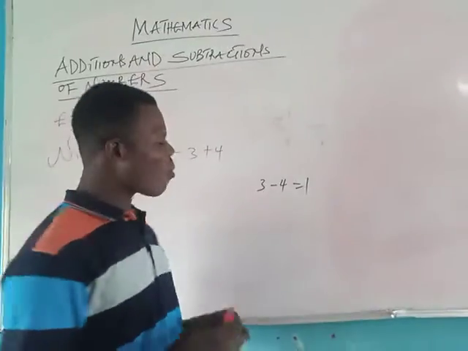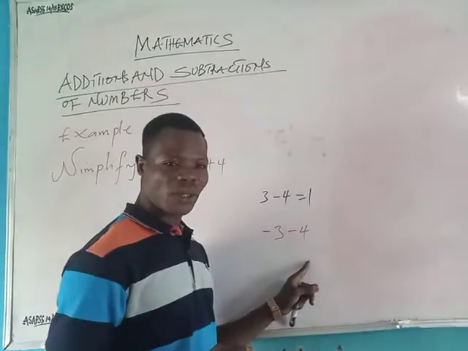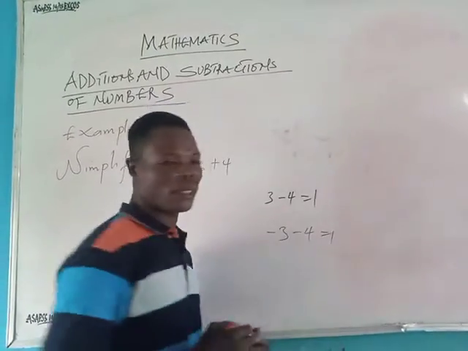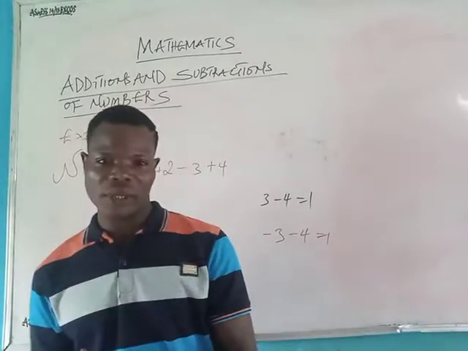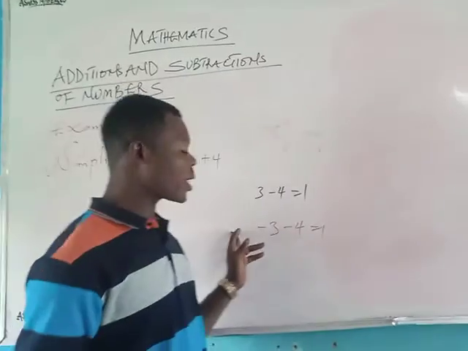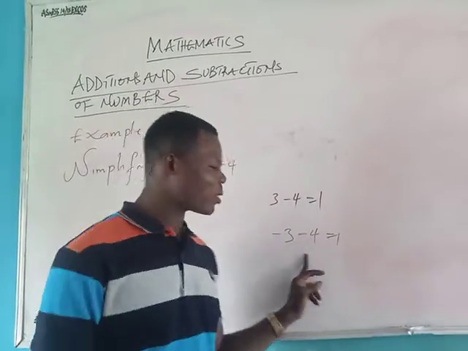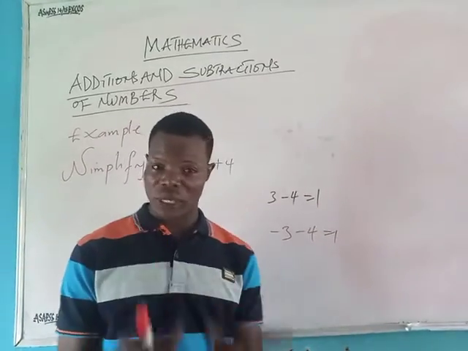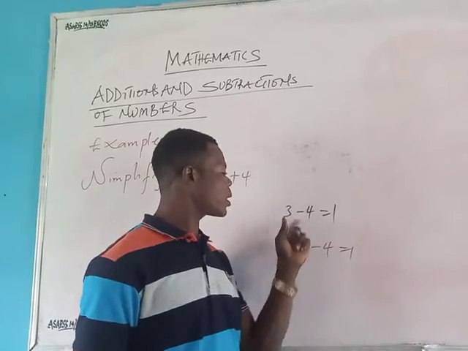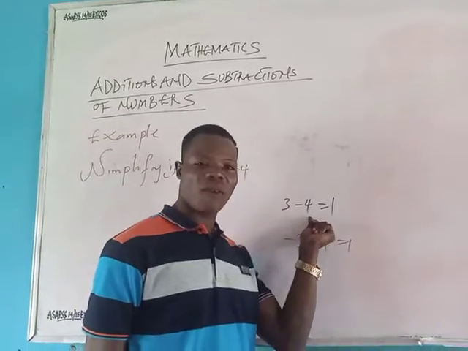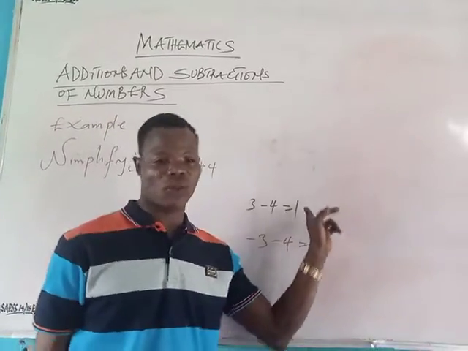If you ask them what is minus 3 minus 4, they will also tell you the answer is 1, because they don't know the difference between minus and plus. That is why they said this minus this is 1, and minus this is also 1. To their own understanding, they are only subtracting 3 and 4, and the difference should be 1. That is why they said the answer is 1.